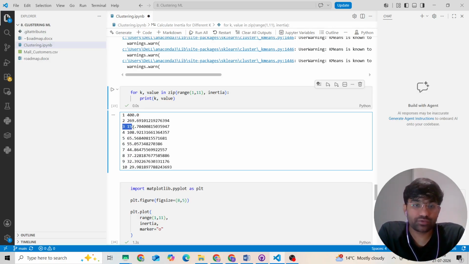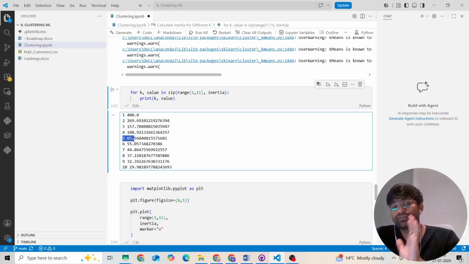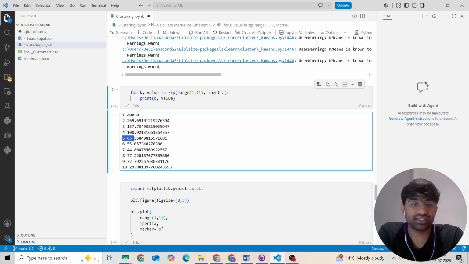Now k is 3, it is 157, approximately 100 units. When k is 4, it is 108, approximately 50 units decrease. Then k is 5, it is 65, again approximately 50 units decrease.